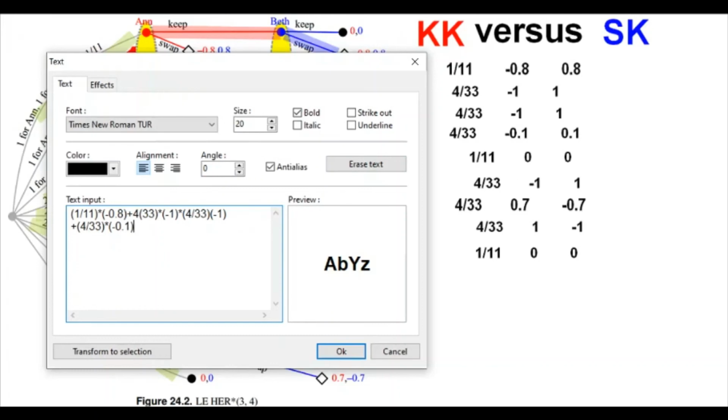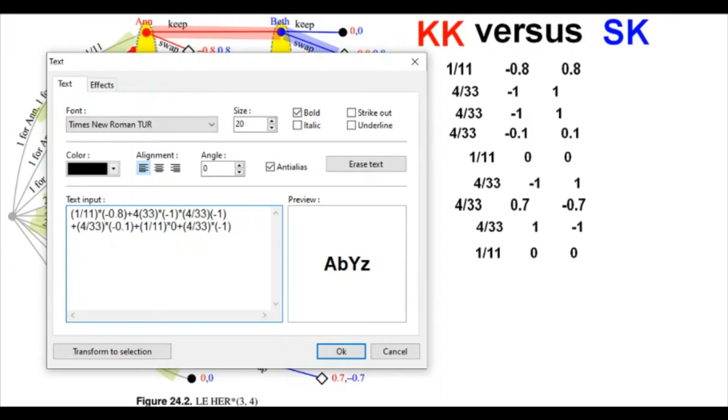We have 1 over 11 times 0. Okay, this is not so interesting. Of course, this is a plus between, sorry for that. And we have another 4 over 33 times negative 1.